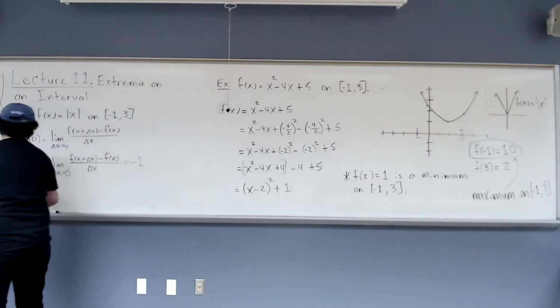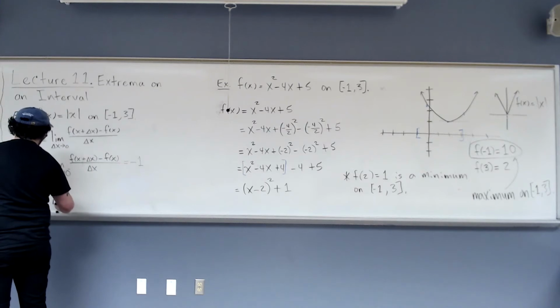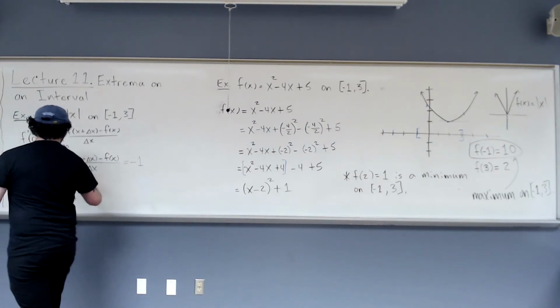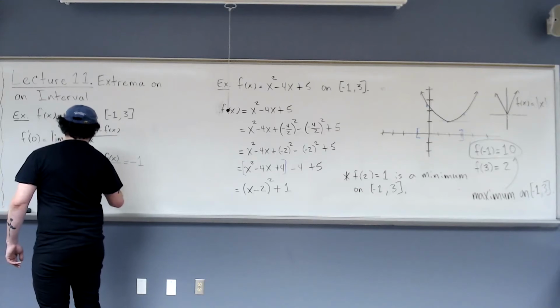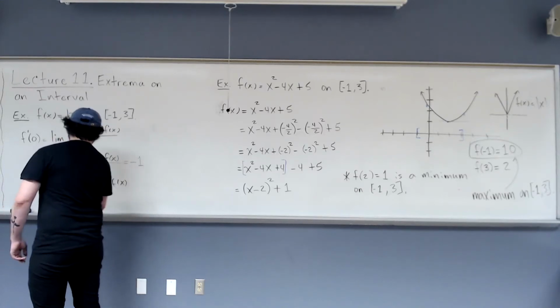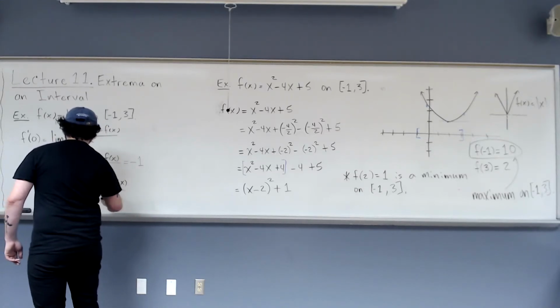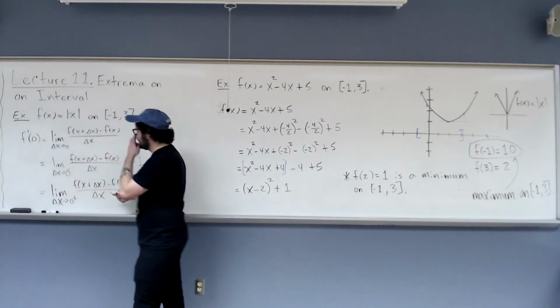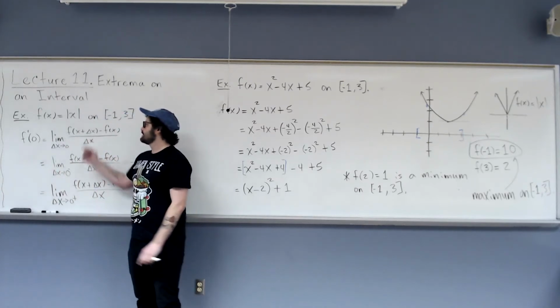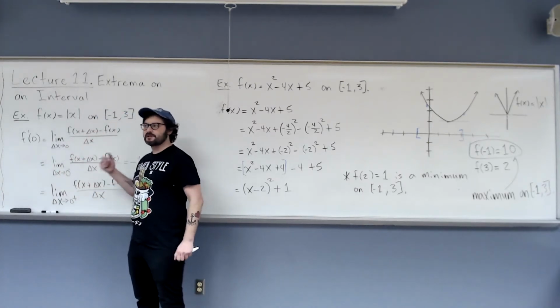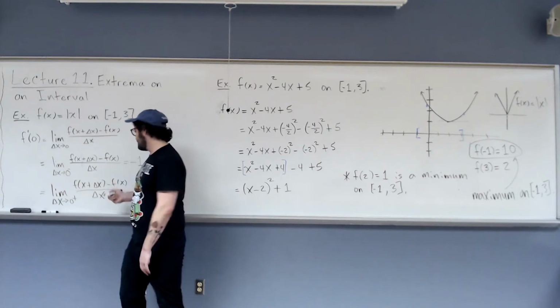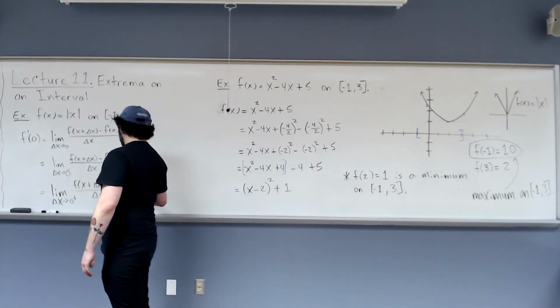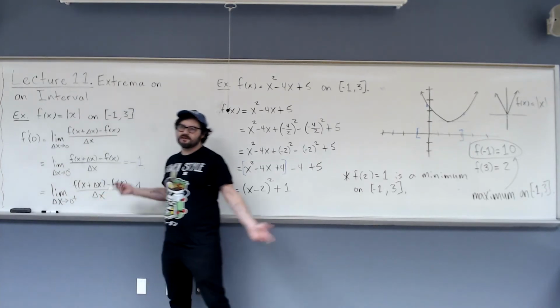But if we look at the limit from the right-hand side, again, notice I'm not actually computing anything, like I could. On the left-hand side it would equal something, on the right-hand side something else. But just looking at the figure, we know what the tangent lines are.